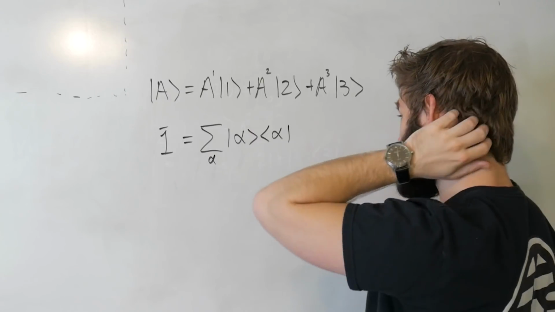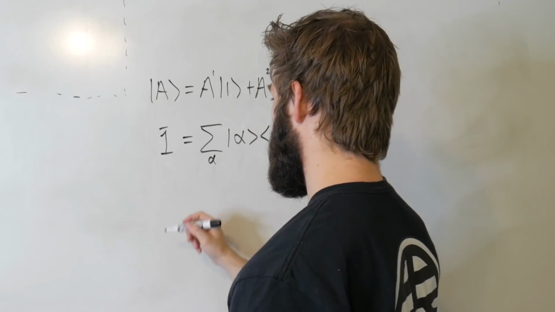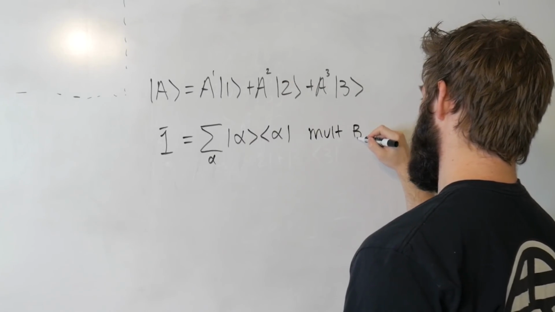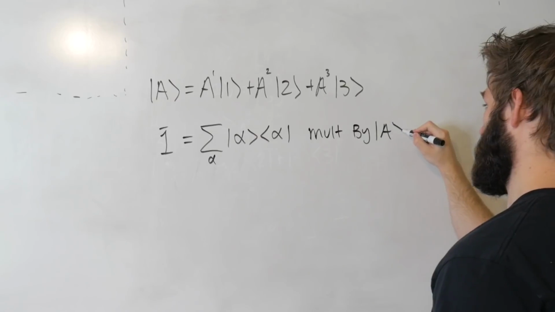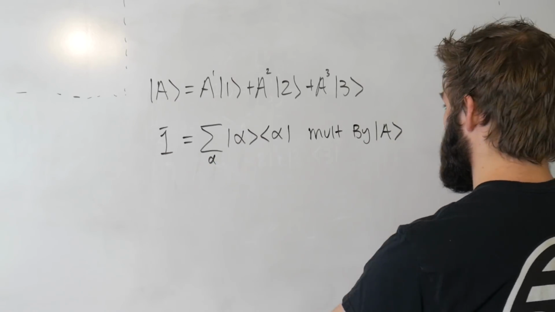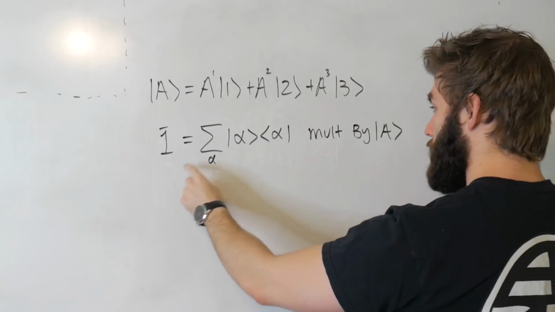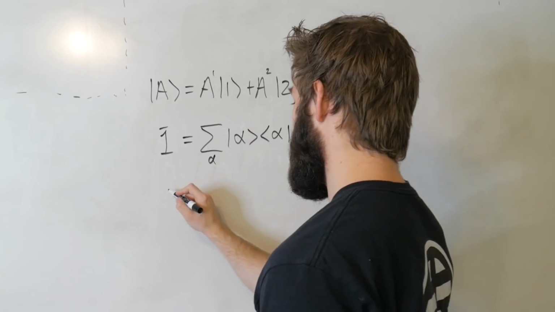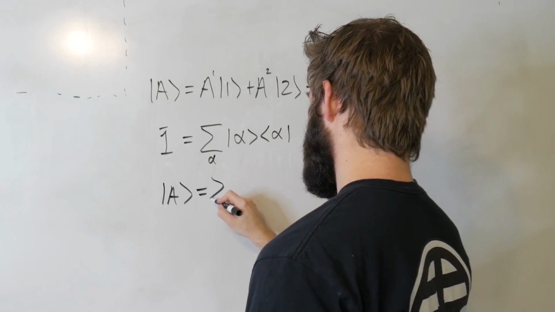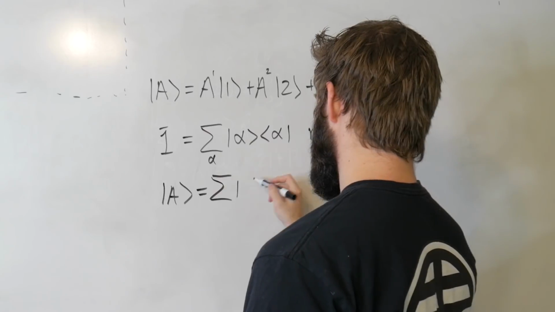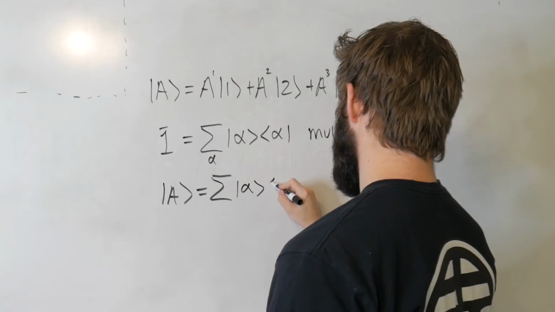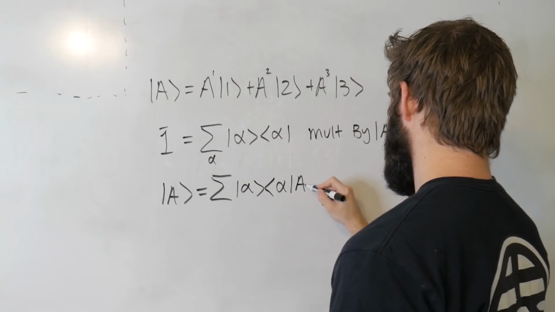So if we multiply this by some state A, well, the identity matrix times A is just going to be A on the left-hand side. So we have |A⟩ is equal to the sum of, let's say, alpha, |α⟩⟨α|A⟩.